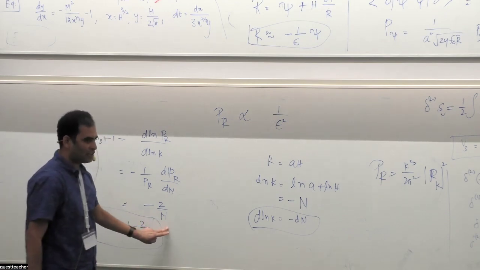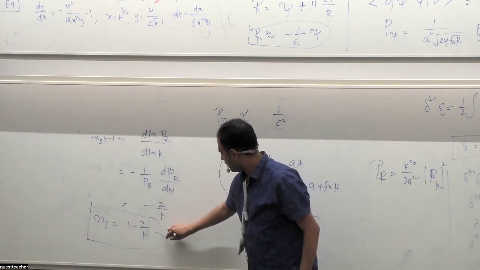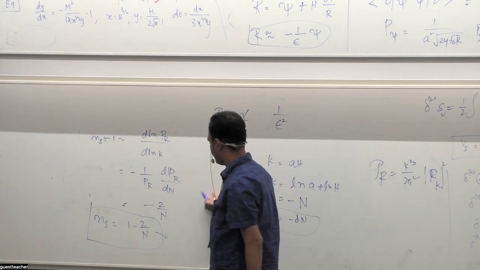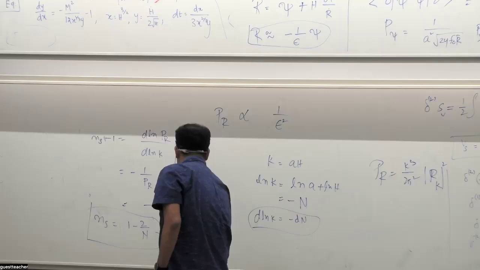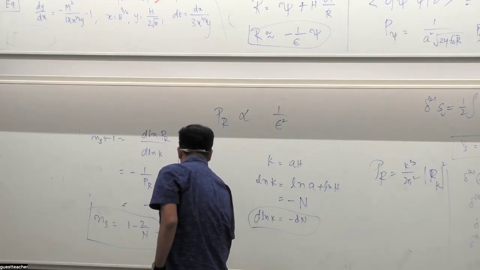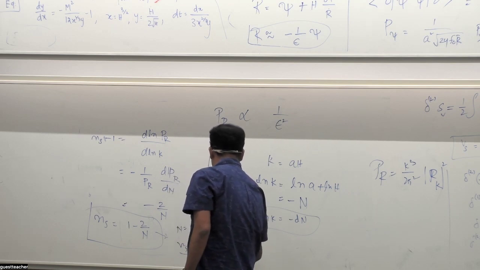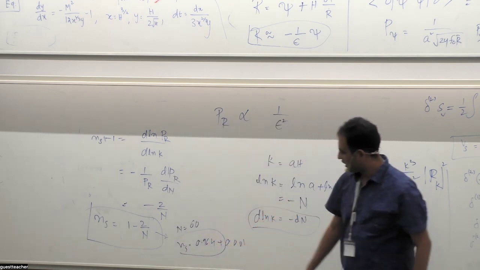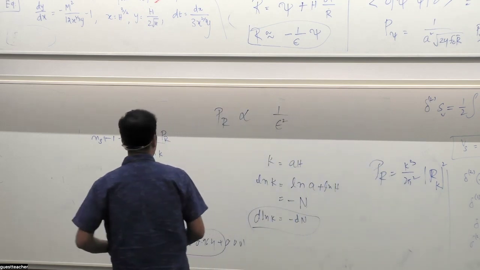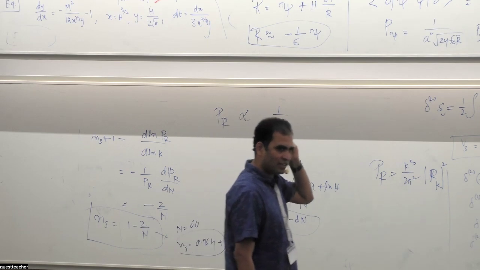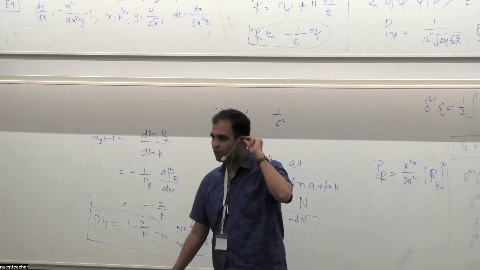So observations tell you the tilt. If you plug in N equal to 60, n_s is 0.964 something. There is a constraint of that kind, and this observation tells you, because this is related to scale invariance, how much scale invariance there is in the CMB, and that tells you 60 e-folds.